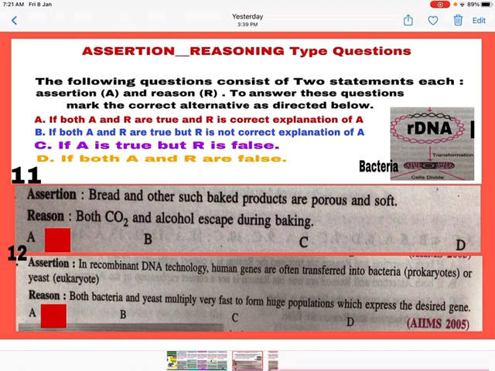Assertion: In recombinant DNA technology, human genes are often transferred into bacteria or yeast.